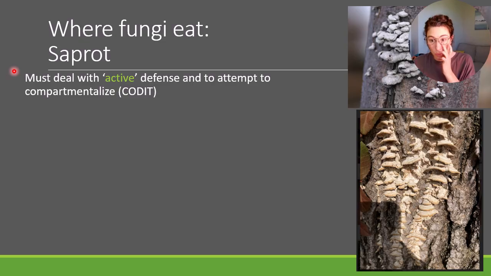Things like compartmentalization, but also tyloses, gum deposits, certain phenolic fungistatic compounds that are literally there to defeat the fungi, and chemically thickened cell walls that help resist decay. So this is more of an active battleground, whereas the heart rots are more of a passive battleground.